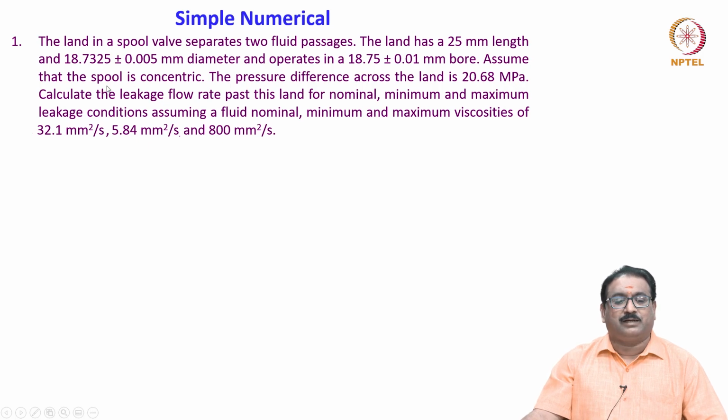Assuming that the spool is concentric, the pressure drop across the land is 20.68 megapascal.